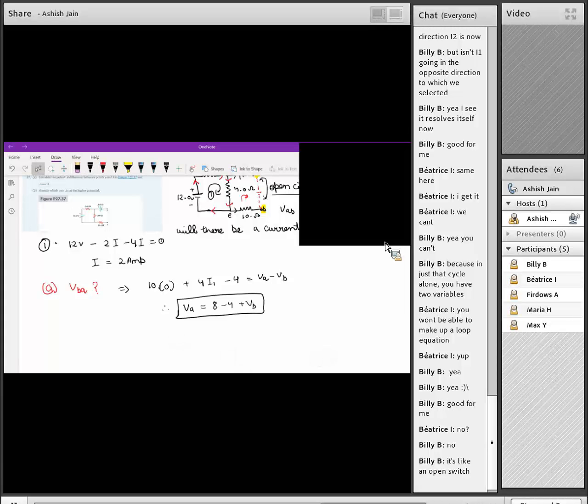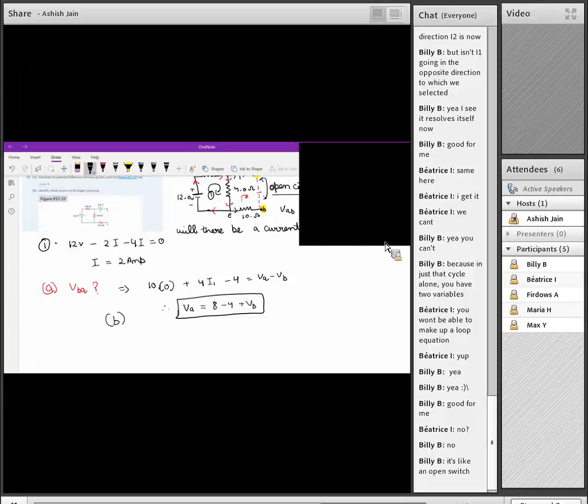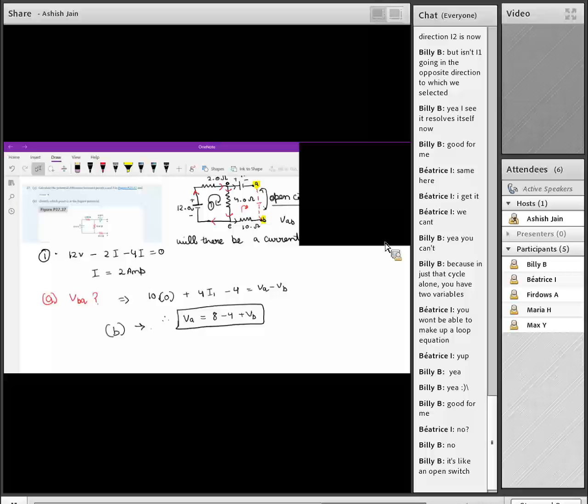That also answers question part B: which of A or B is at higher potential.